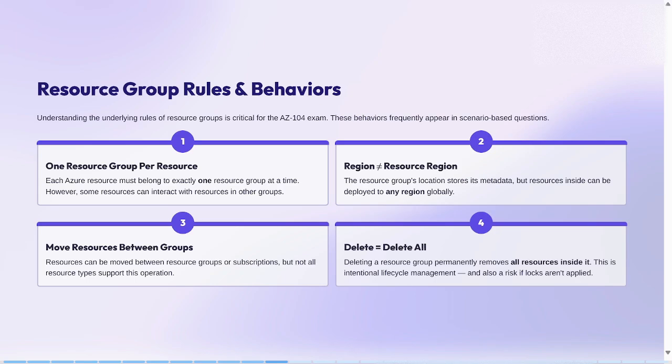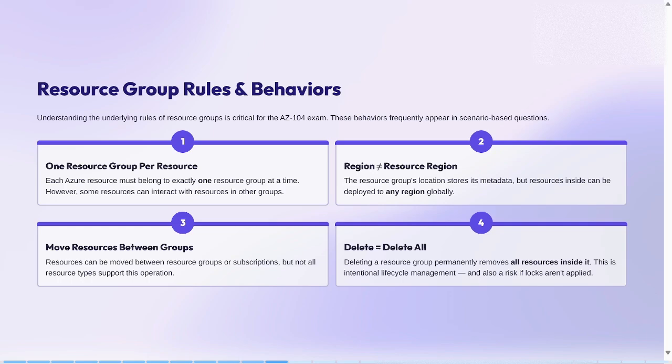For example, resource group RZ-application-production-East US. That location is East US. Inside this resource group, you are creating a virtual machine in East US, or you can create in West US, and you can create a storage account in Central US, or you can create a database in East US.